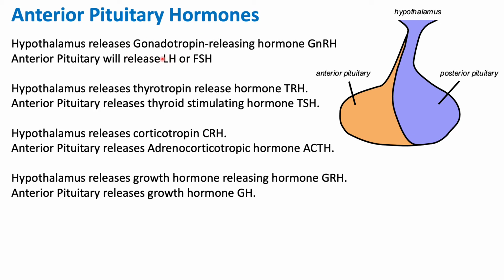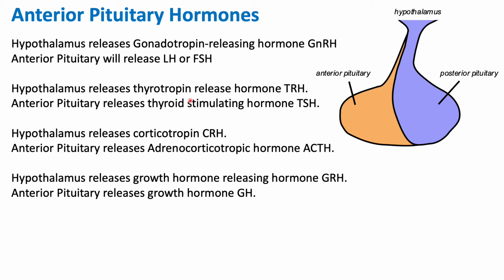So remember that gonad refers to our female or male sexual organs. So when the hypothalamus releases the gonadotropin releasing hormone, that is passed on to our anterior pituitary via the hypophyseal portal system, and then the anterior pituitary will release luteinizing hormone or follicle stimulating hormone.